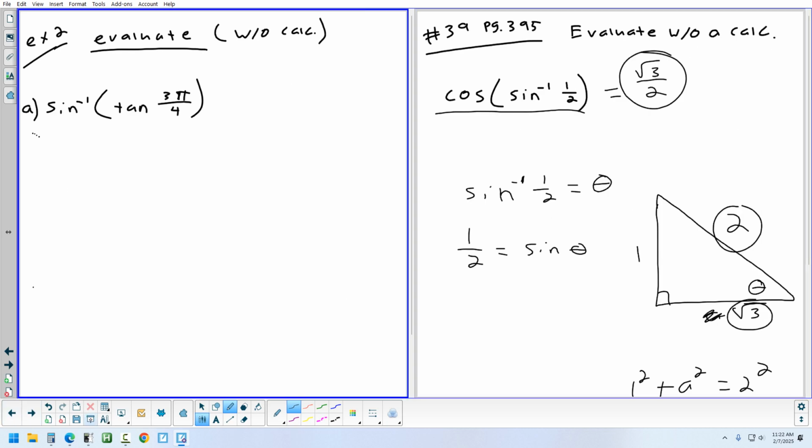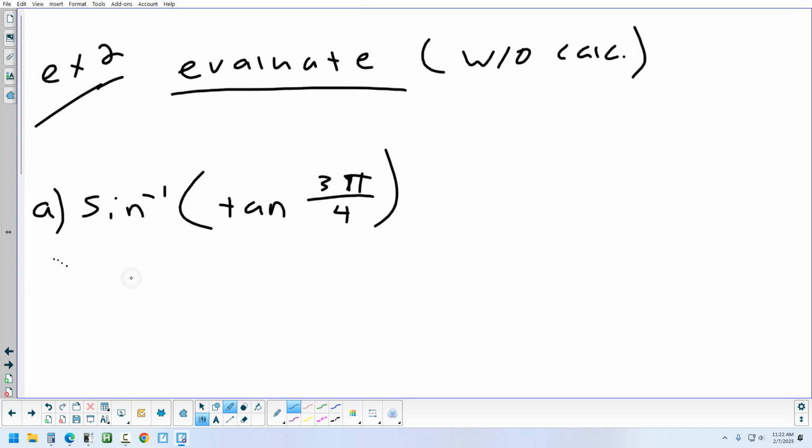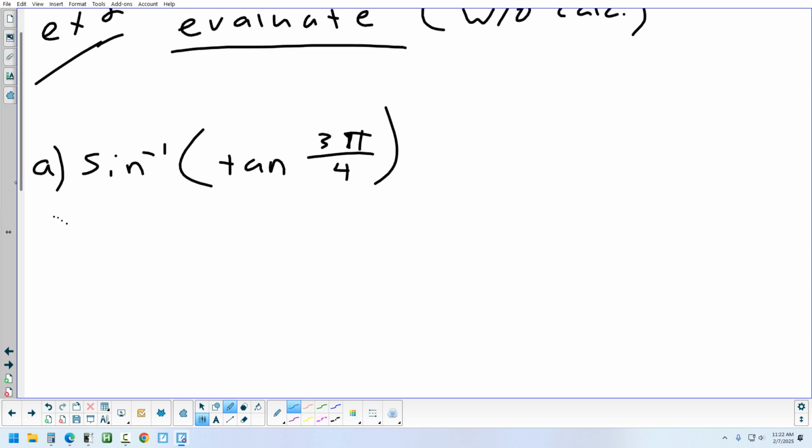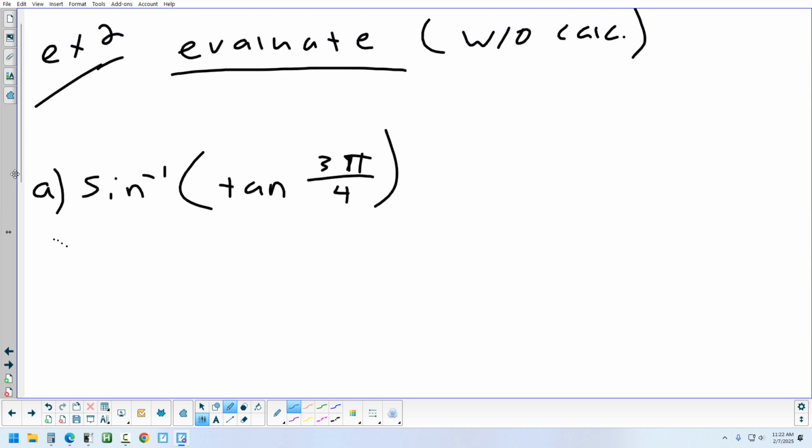Okay, what's different about this one? Yeah, the inverse is on the outside. So what that means we're going to do, just following PEMDAS, is start with parentheses, and see if we can figure out the tangent of 3 pi over 4.